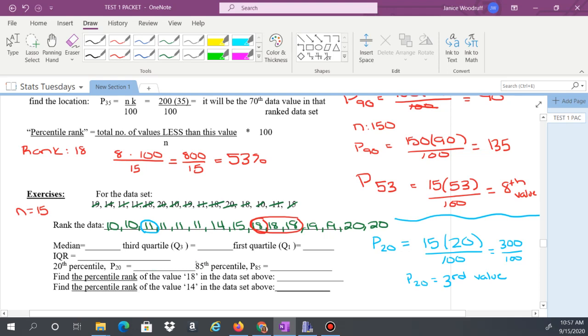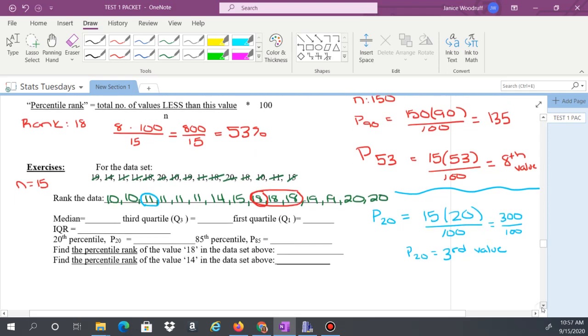Now I want to work that backwards just to make sure. So let's work that backwards then. So we want the rank of the number 11. There's two values less than the number 11.